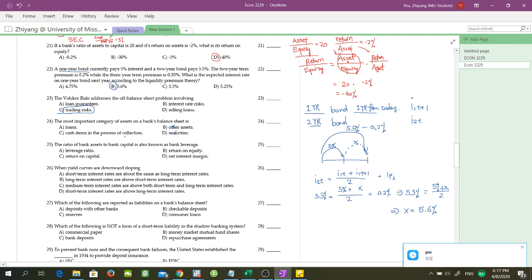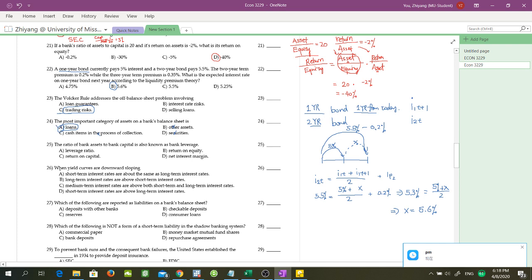So securities are not the main thing. And cash items in the process of collection, in accounting terms, this is called accounts receivable. You are expecting someone to pay you this money. No, that's not right. But loans is the most important category in there, because a lot of banks rely on making loans to make profit. So the right answer is A.